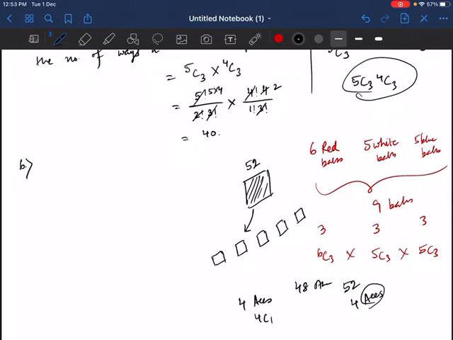Now if one card is an ace, I have to draw 4 remaining cards from the 48 cards, because I need exactly one ace. So out of 48 cards I select 4 other cards, which is 48C4. Then the required number of 5 card combinations will be 4C1 into 48C4.